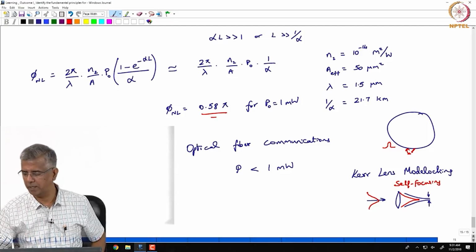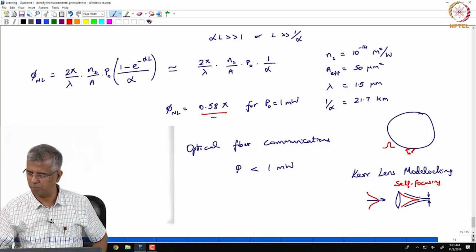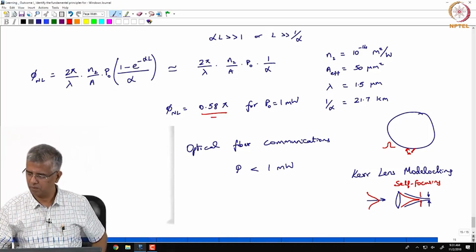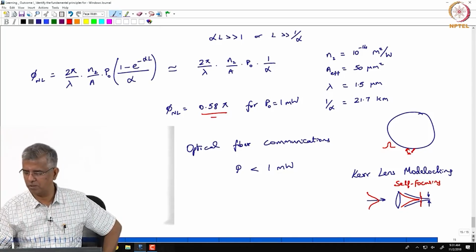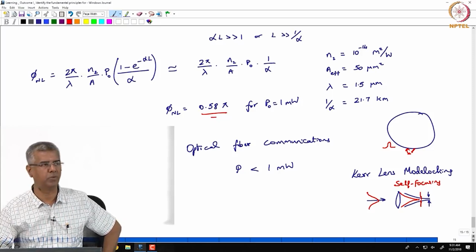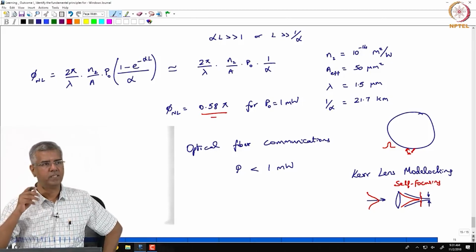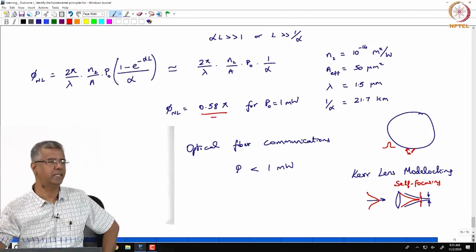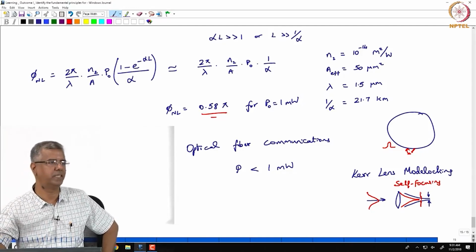Because of that self focusing, if I put an aperture over here, low intensity pulses will focus over here, high intensity will focus over here. So that aperture prefers to send high intensity pulses, whereas it will block low intensity pulses.